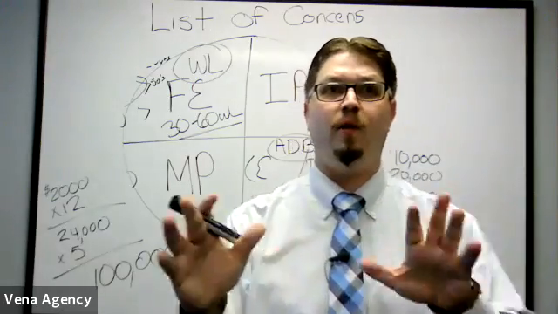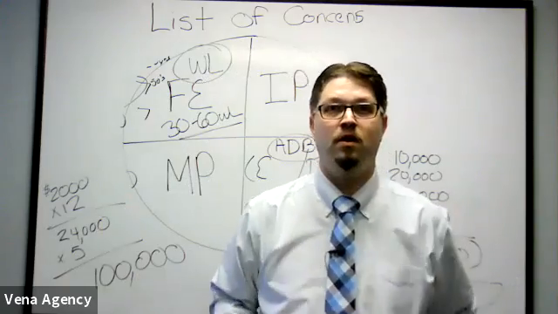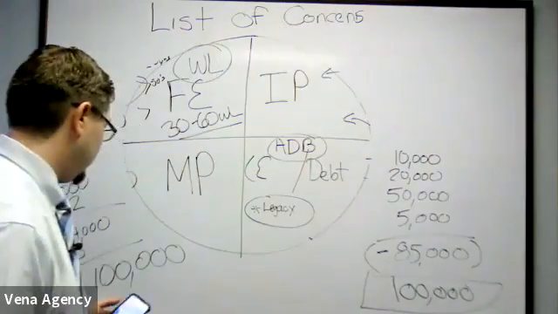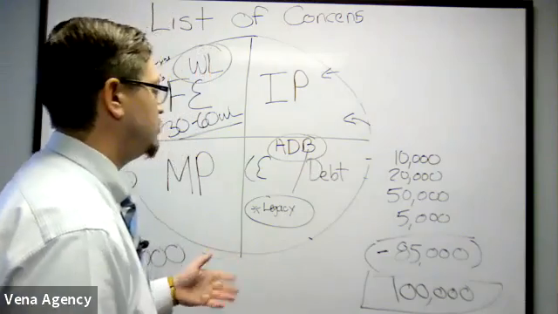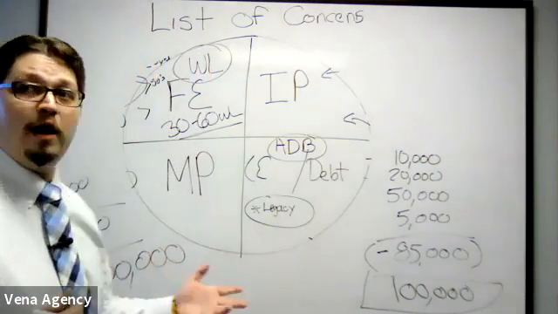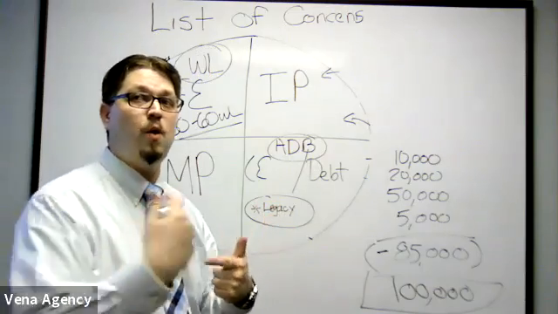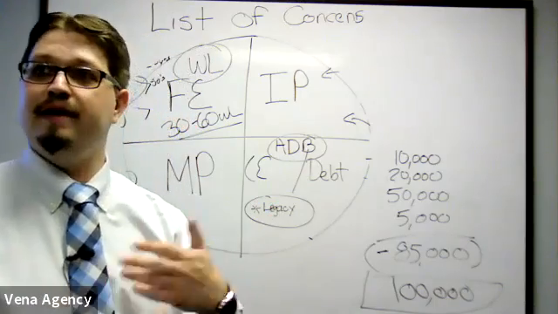Anybody else got any other questions? Nope. Okay, good. So the final concern is making sure that our programs are, number one, affordable, and number two, that our members are able to qualify for them. Right? So that's why we go over the needs analysis.